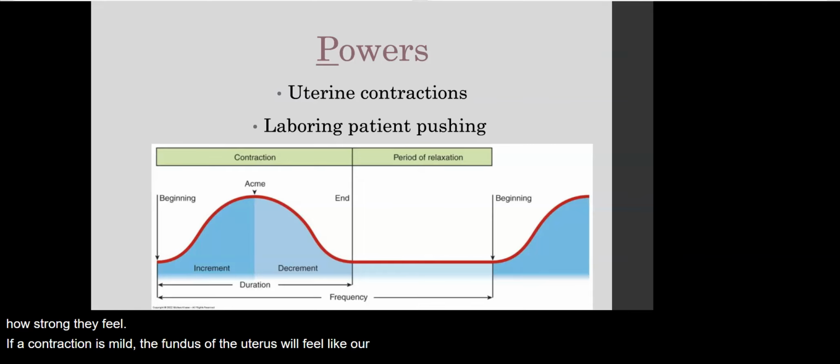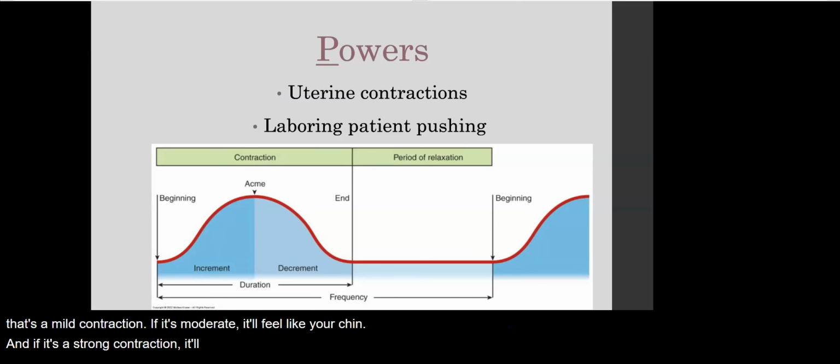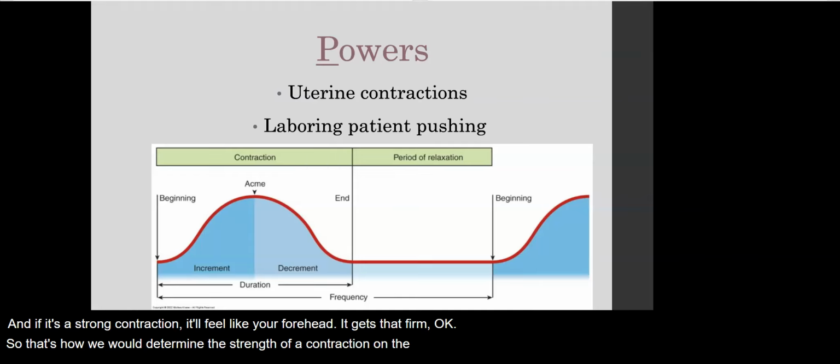If you touch your nose, it feels that squishy. Okay, that's a mild contraction. If it's moderate, it'll feel like your chin. And if it's a strong contraction, it'll feel like your forehead. It gets that firm. Okay. So that's how we would determine the strength of a contraction on the outside monitors, with asking the patient how she feels.